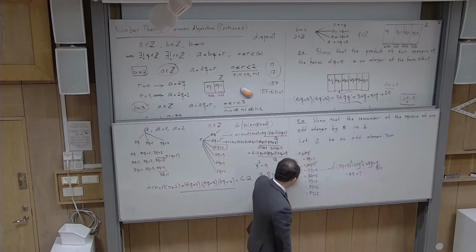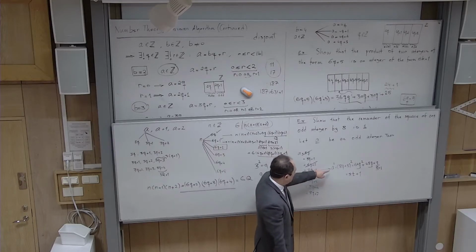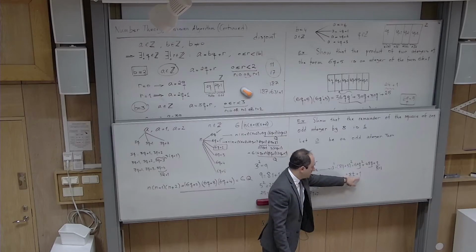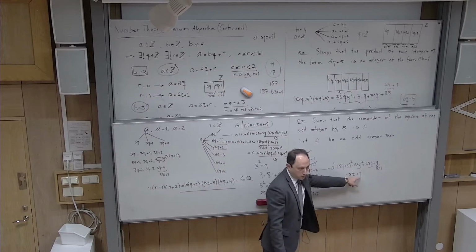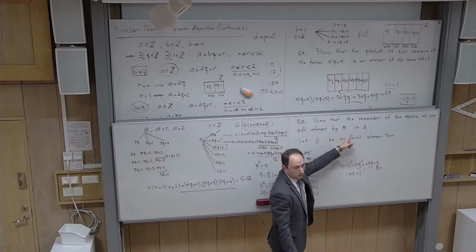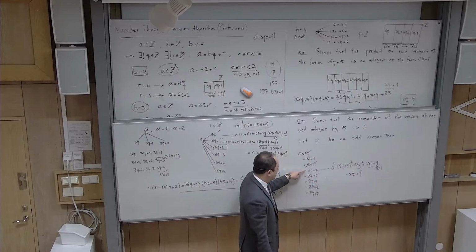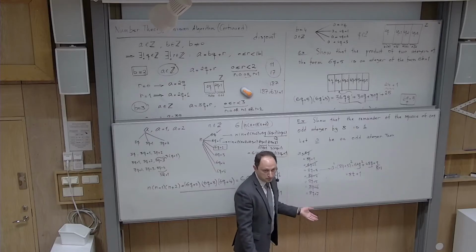So if a is of this form, which is one of the possible cases, I was able to show that a to power 2 is 8 times t plus 1. This means that the remainder of a squared by 8 is 1. And that is exactly what I wanted to show. But this is only one possible scenario. I have to consider 3 more, and then I am done. Is that clear?